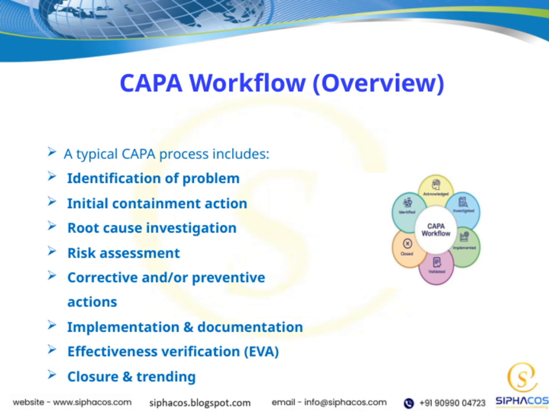Finally, we close out the CAPA and look at trending data to identify any patterns or recurring issues that might require further attention. This workflow is a continuous cycle, helping us refine our processes and maintain high standards across the board, tying back to our overall goal of continuous improvement.